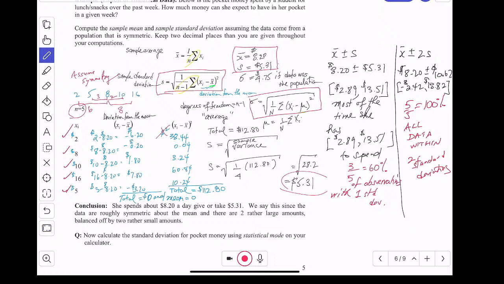So there's no data outside of 3 standard deviations. Why do I care about that? Because data outside of 3 standard deviations are considered extreme values and outliers. In this case, there are none. There are no extreme values.